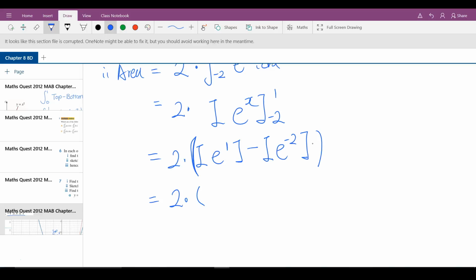E to the power of 1 minus e to the power of -2 is 2.583 around there. So when times by 2, it becomes 5.166. So that's the total area.